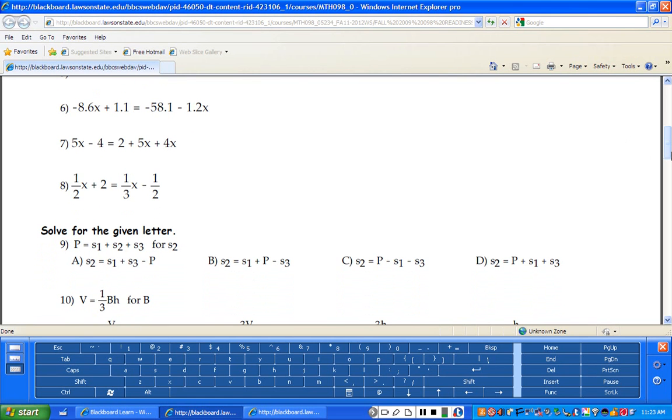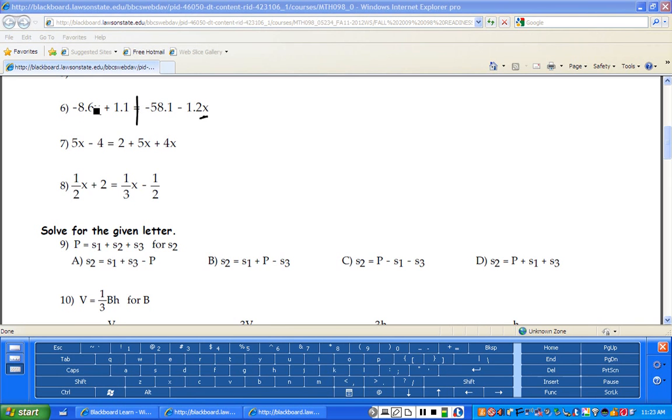So let's go here. Alright, so now we're going to be ready to move on to problem number 6. Problem number 6, once again, is a decimal problem, variable on both sides. As before, moving the smaller to the bigger.